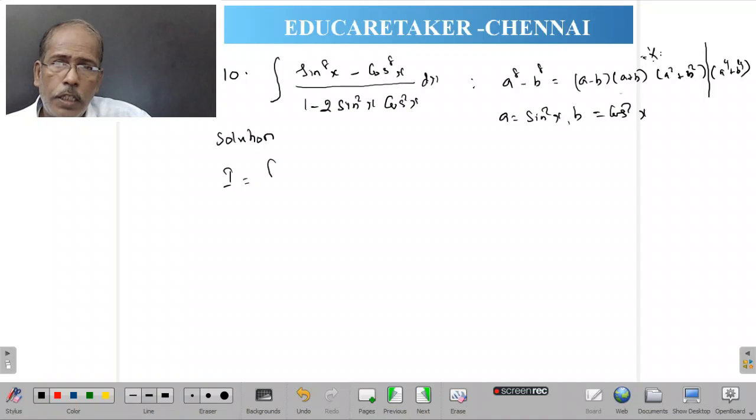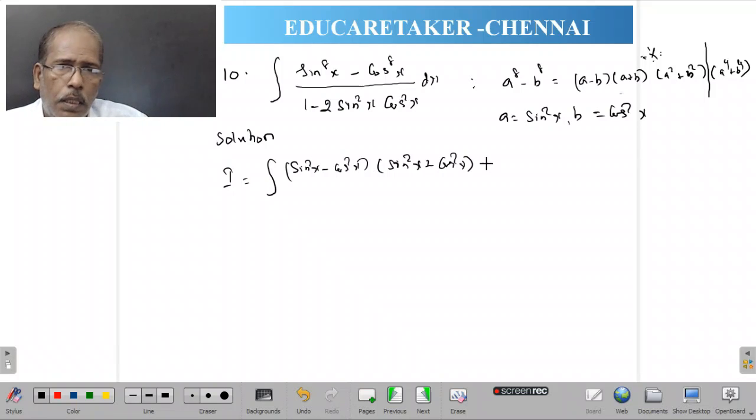Then how to write the numerator? First term sine square x minus cos square x. Another factor sine square x plus cos square x. Another factor sine power 4 x plus cos power 4 x. Okay.